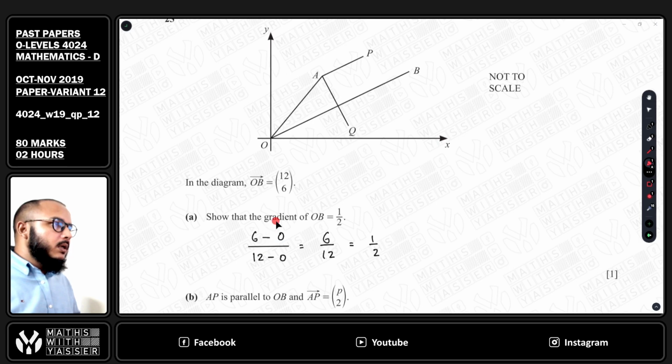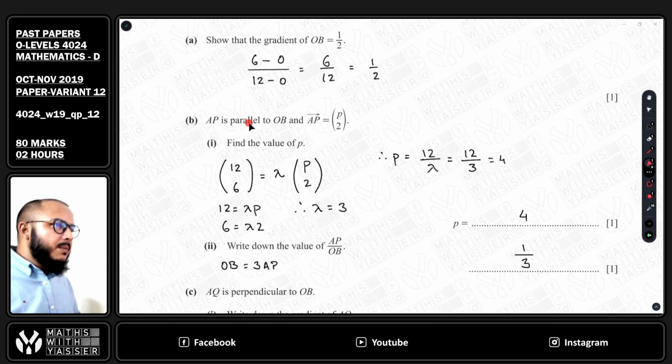That is the formula. For this, our y value is 6 for the point B, and for the point O, which is the origin, the y value is 0, and the x value for point B is 12. So 12 minus the x value for the origin O, which is also 0. So 6 minus 0 over 12 minus 0 will give me just 6 over 12, which is half. So that is what they have asked to show.